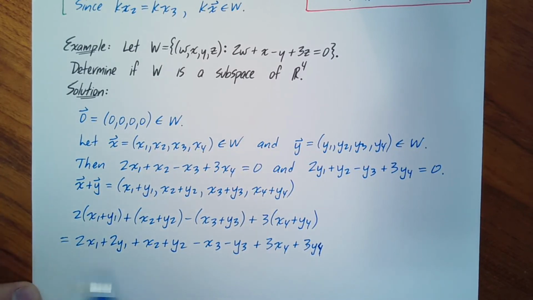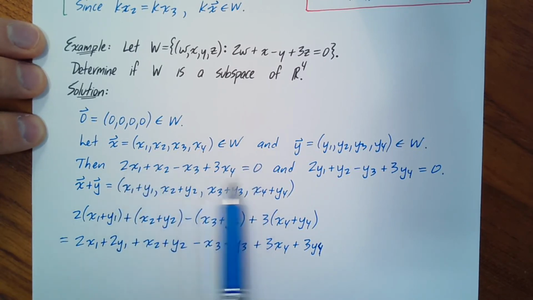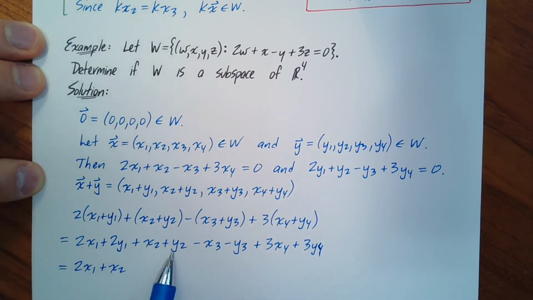Okay, well let's group all our terms. Let's group all the x terms together and see how it compares to this equation, and we'll group all the y terms together. So we'll get 2x1 plus x2, minus x3, then finally plus 3x4.